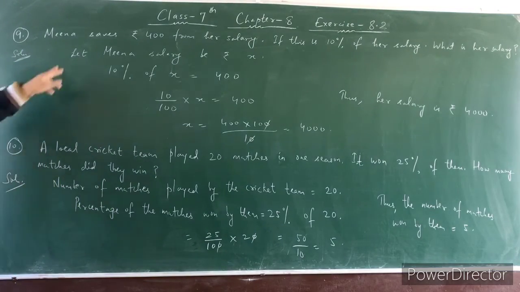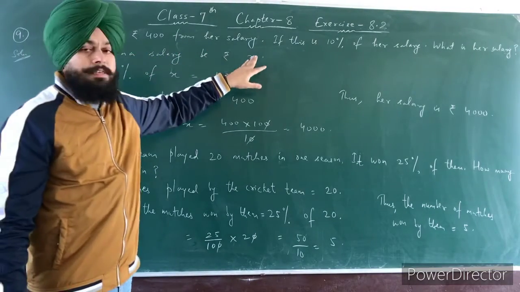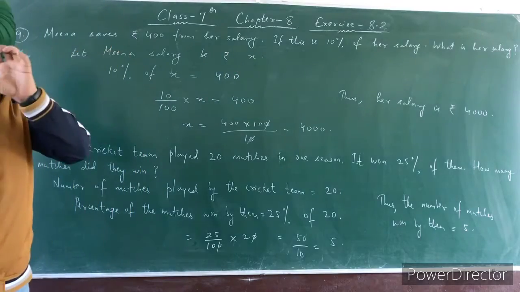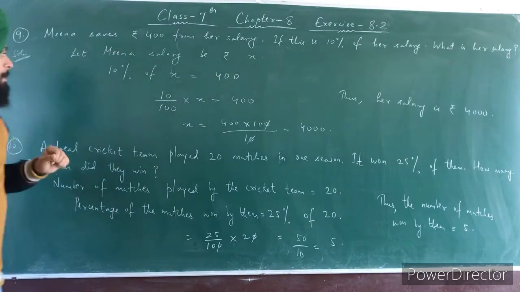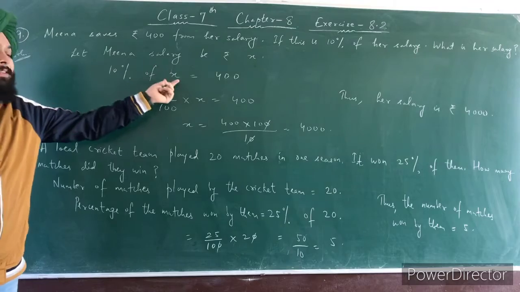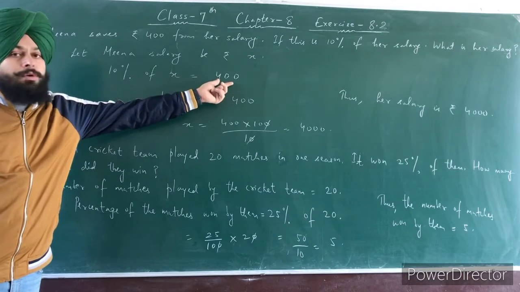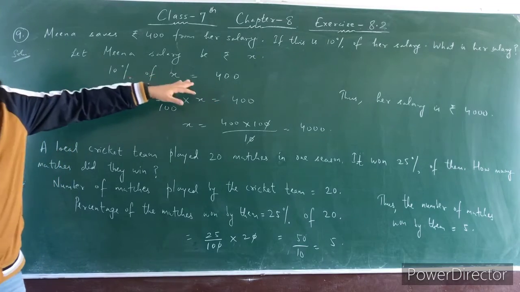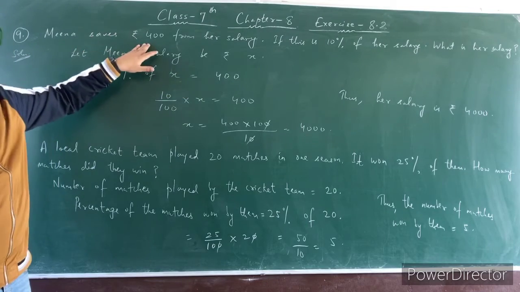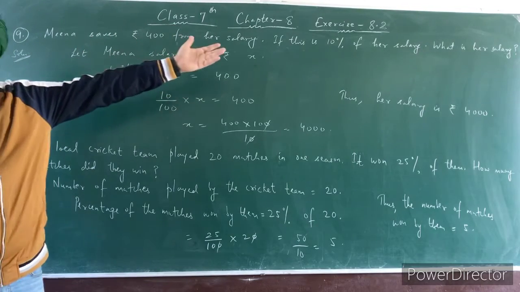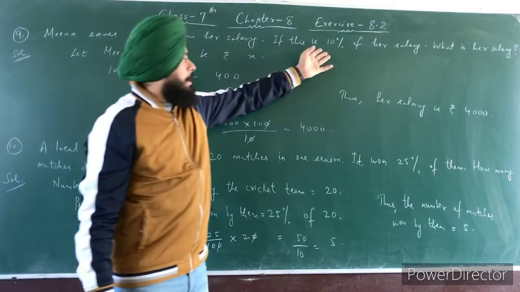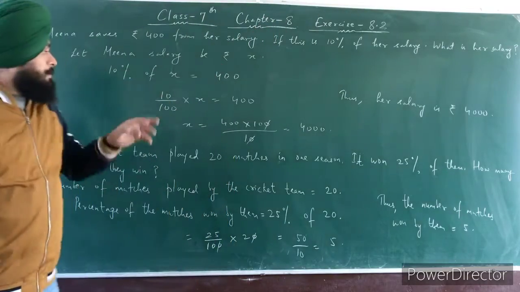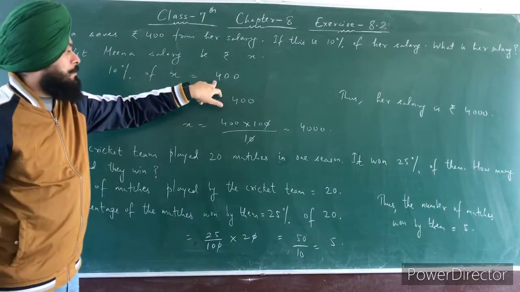So first, let Meena's salary be rupees X. It means X is her actual salary. And 10% of the total salary is how much? 400. 400 is that amount which Meena saved. Alright. So 10% of x is equal to 400.